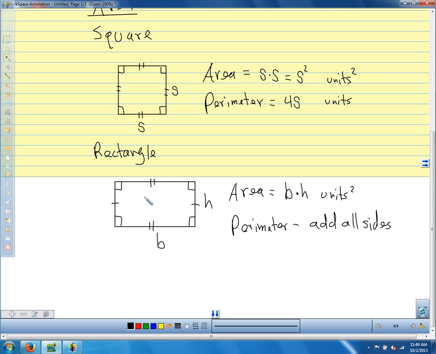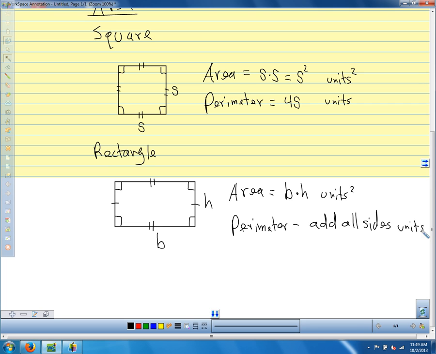So we have 2 of these and 2 of those, and we just add them all together. And our units are just going to be units. Perimeter is always a length. Inches, meters, miles.